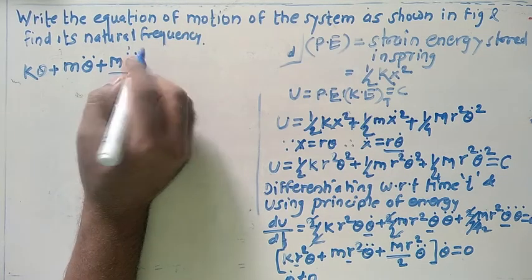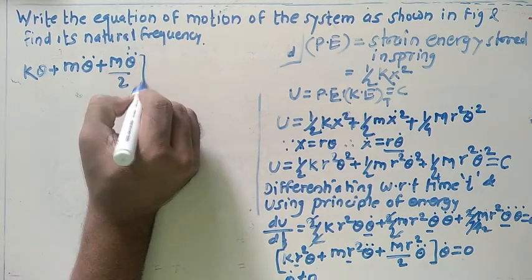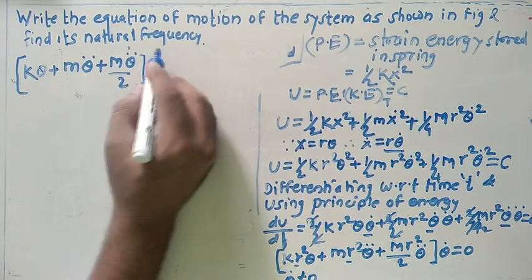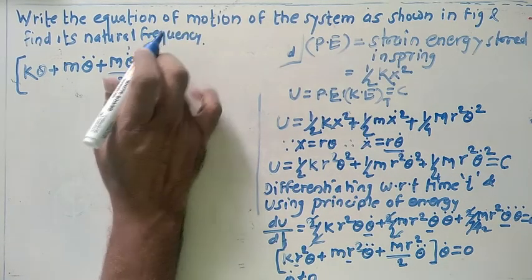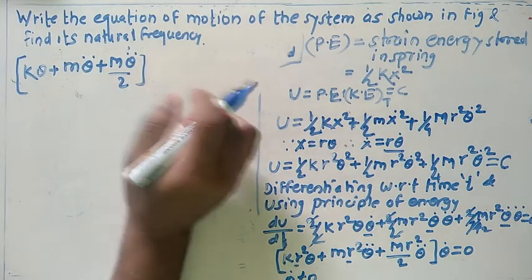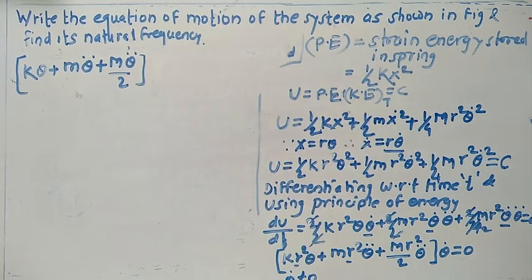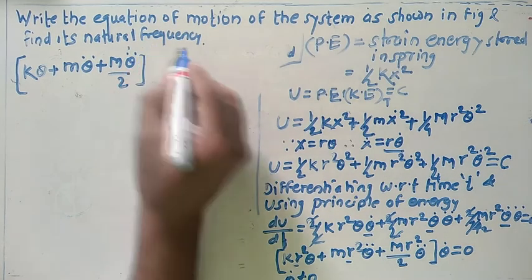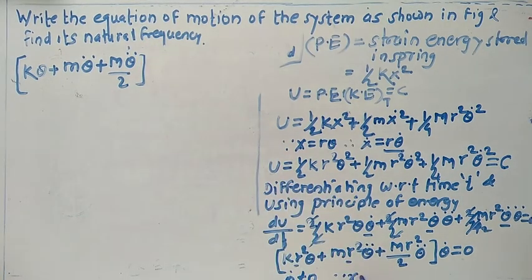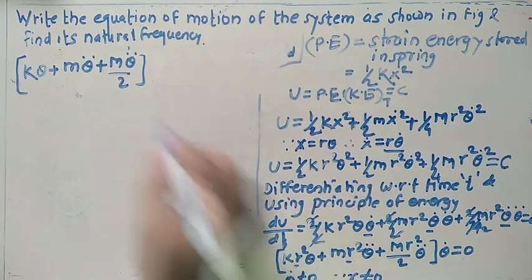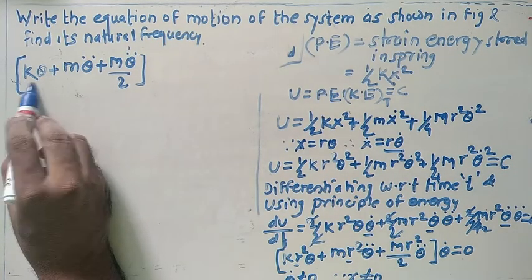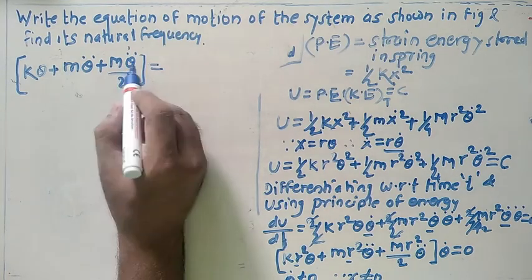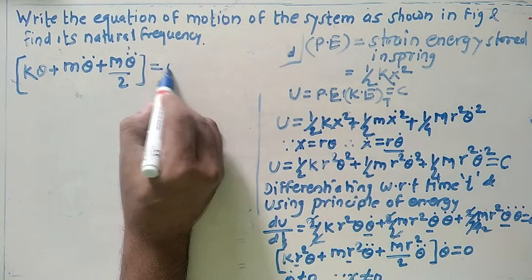I'll take the r square term as common. As per our discussion, theta single dot is not equal to 0, so this bracket must be equal to 0. Since r is also not equal to 0, we can simply equate this bracket, taking r as common, with the 0.